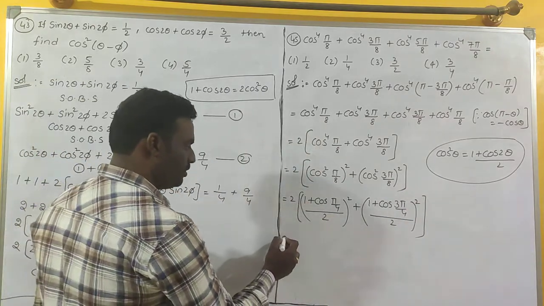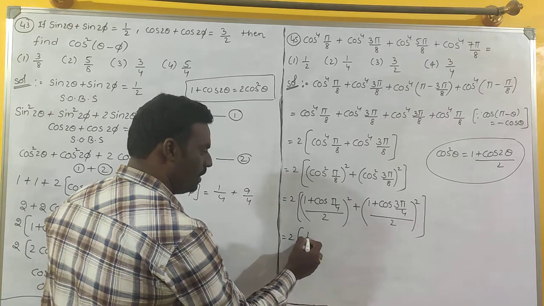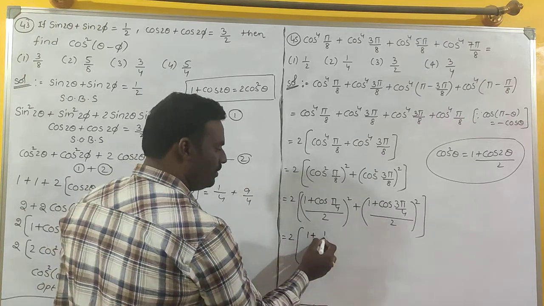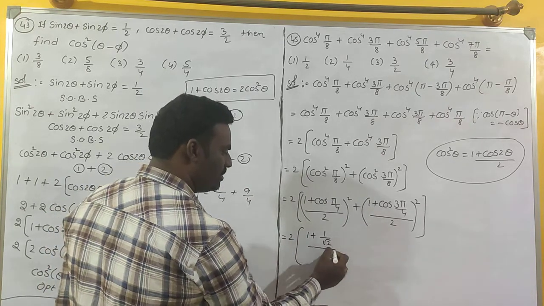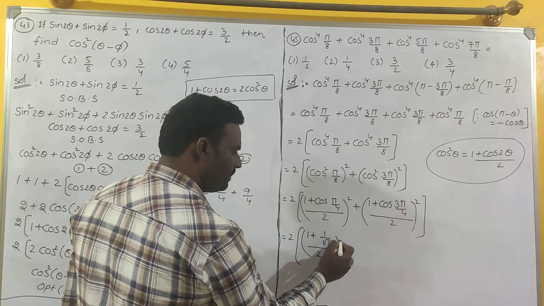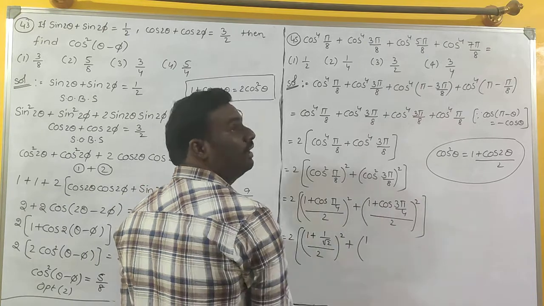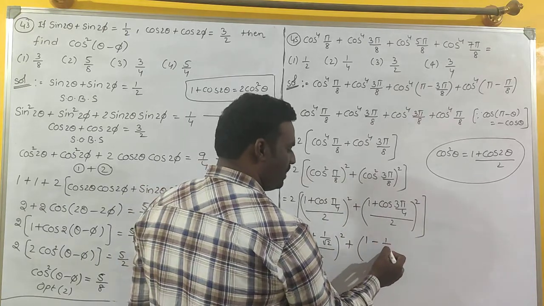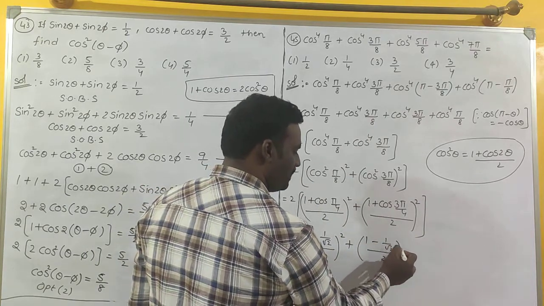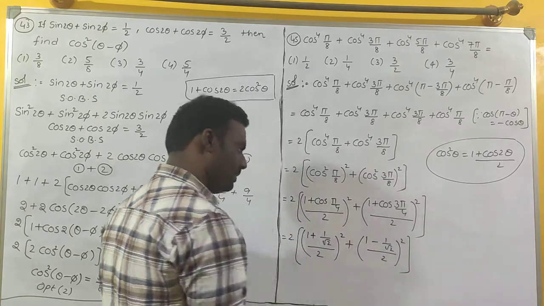Next, 2 into (1 plus cos 45, value 1 by root 2) by 2 whole square, plus (1 plus cos 135, value minus 1 by root 2) by 2 whole square. Now simplify this.